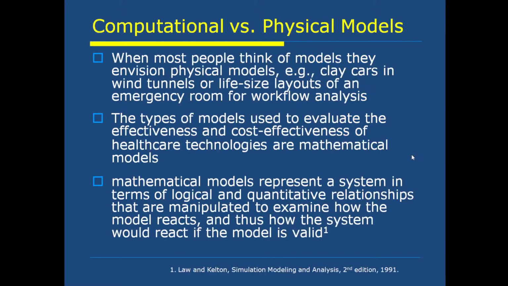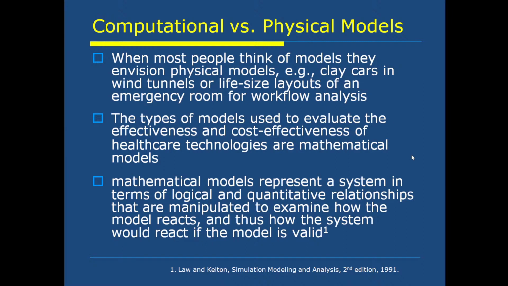What are the main differences between mathematical and physical models? Most people think of models, they envision physical models. For example, clay cars in wind tunnels or life-size layouts of an emergency room for workflow analysis.